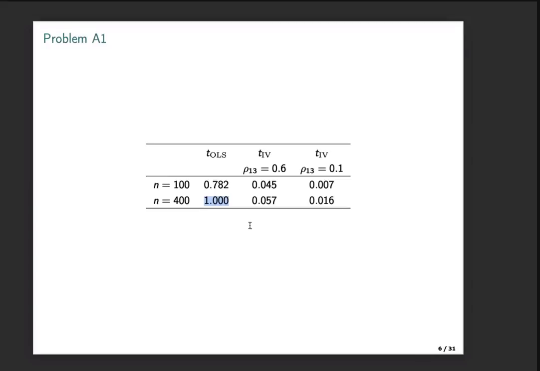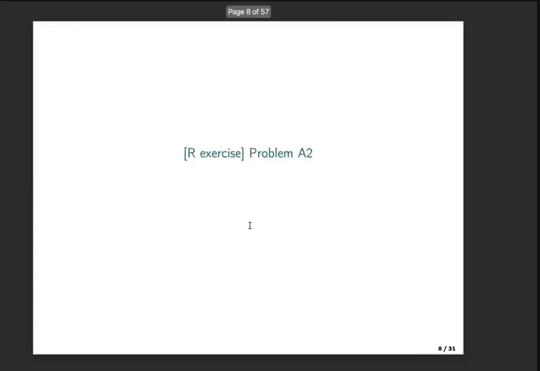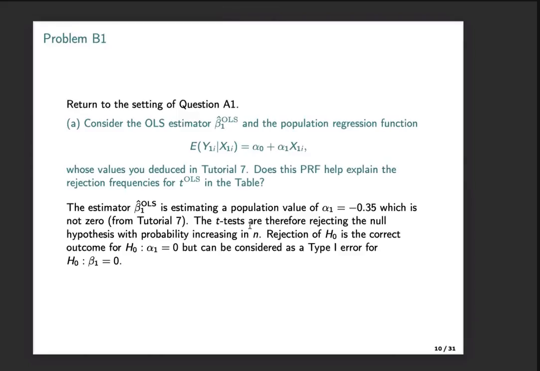I have a question. Where does minus 0.35 come from? Did we manually calculate that value? Yes, that's what we did last week. We obtained this by using the omitted variables formula.